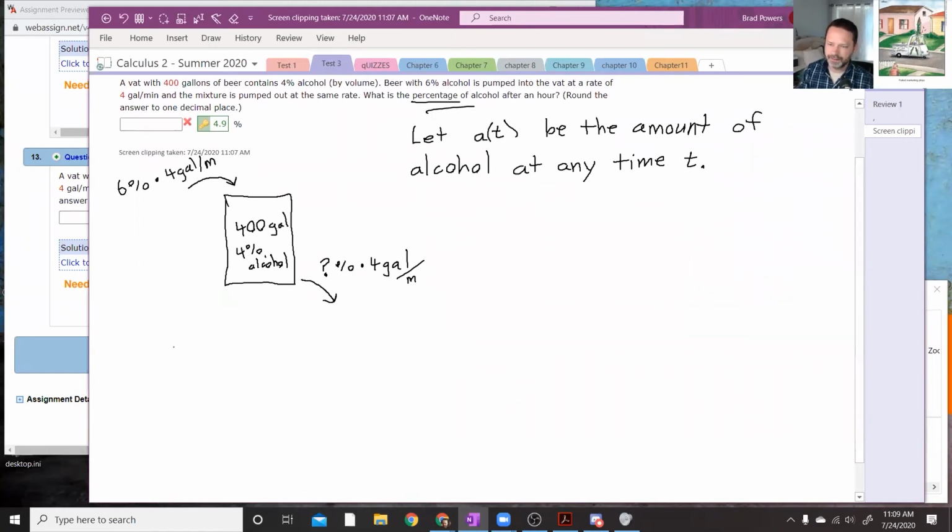And so the change in alcohol over the change in time is going to be the rate in minus the rate out.